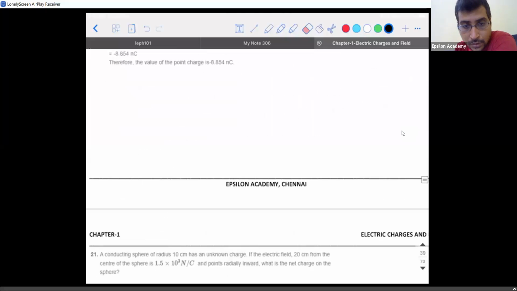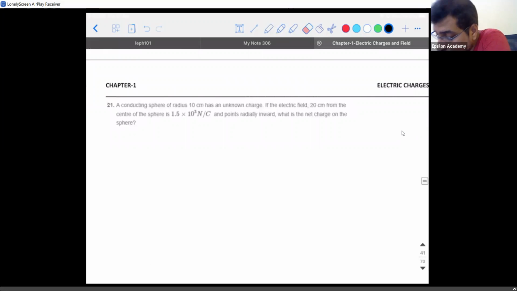Okay, so moving on to the next one. There is a conducting sphere of radius 10 centimeter that has unknown charge. If the electric field 20 centimeter from the center of the sphere is 1.5 into 10 power 3 Newton per coulomb and points radially inward, what is the net charge on the sphere?